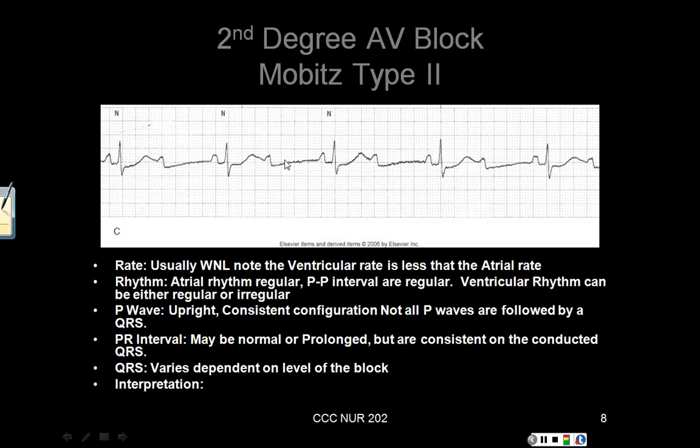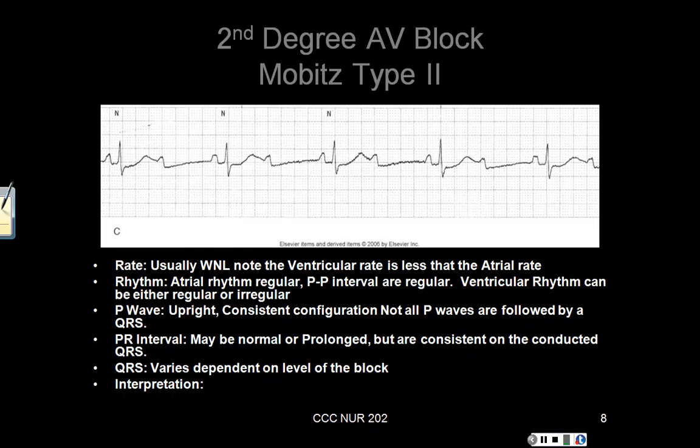The PR intervals may be normal or prolonged, but are consistent on the conducted QRS complexes. If we measured the PR interval here, here, here, or here, then we would see that PR interval is consistent. Each time there is a conduction of that P wave, the PR interval is going to be normal.